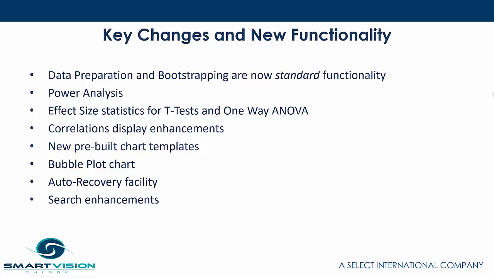You can simply have different formatting for charts, and IBM SPSS now comes with a bunch of pre-built chart templates that you can choose. There's the introduction of bubble plot charts, auto recovery facility, which allows you to recover work if the system crashes, and some enhancements to the search facility within the package.